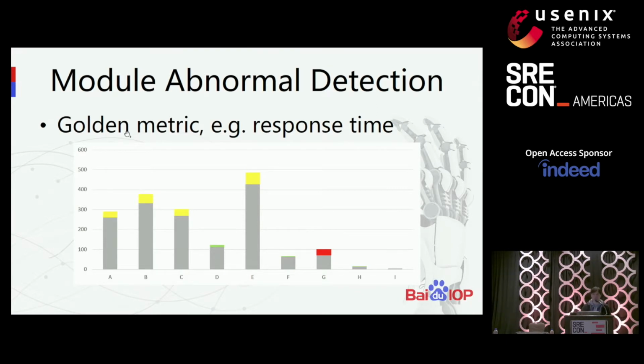In this histogram, we display the response time. The gray bars show the expected response time for each module according to its past historic data, and the other colorful bars display the difference between the expected response time and the current observed response time.